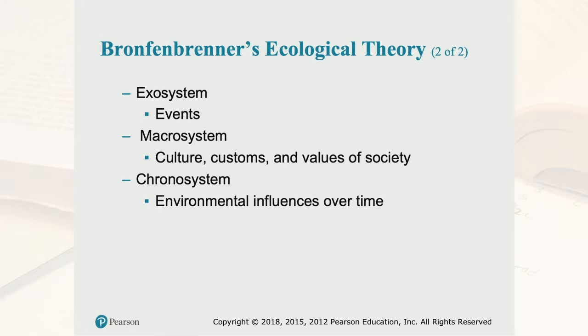So changing of community dynamics, could be environmental health issues, and how those impact you and affect you. And it's about how you learn and grow and develop, right? You take pieces of information from each of those systems that impact you, and it shapes the way you learn. It affects the way you learn and how you perceive things as well.